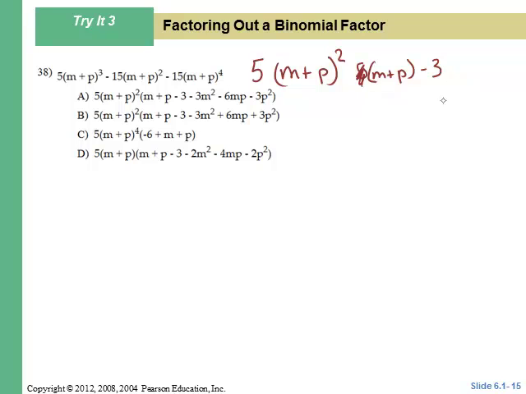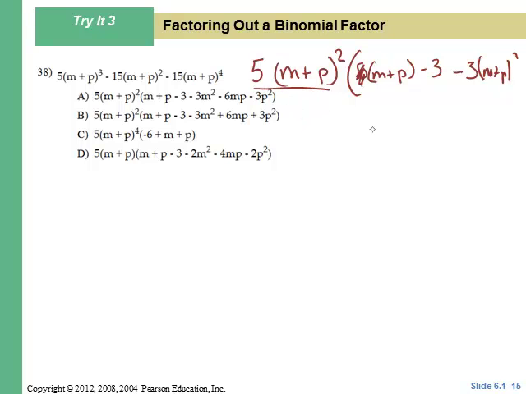So we're left with m plus 3 minus 3 and minus 3 times m plus p squared. So, looks like that's not one of our choices, so we have to multiply this out.